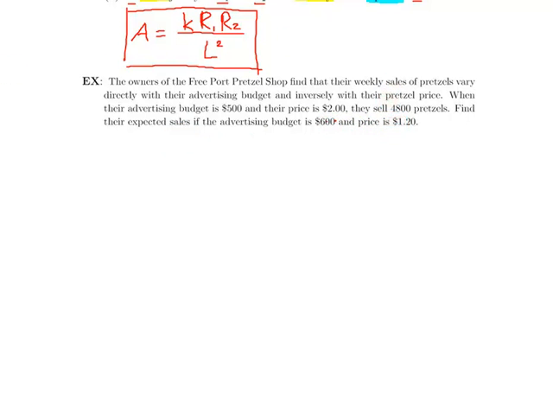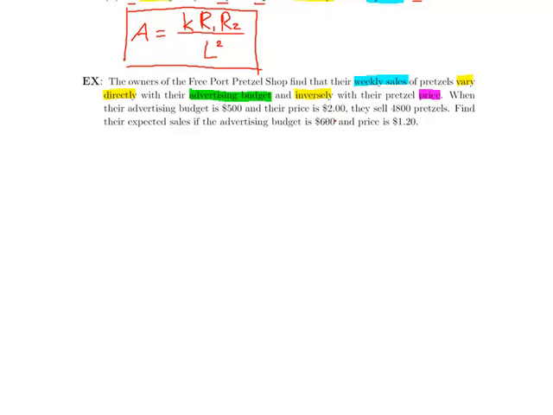Right? Begin by identifying, first of all, that it's a variation problem. You see varies directly, there's the key words. You also see inversely. Now, what quantities are involved? Well, we have the weekly sales, we have their advertising budget, and we have their pretzel price.